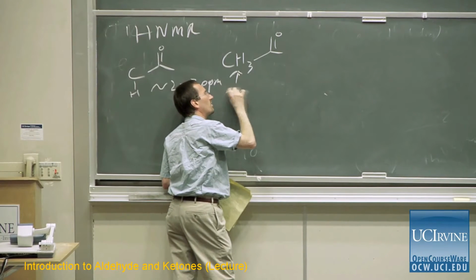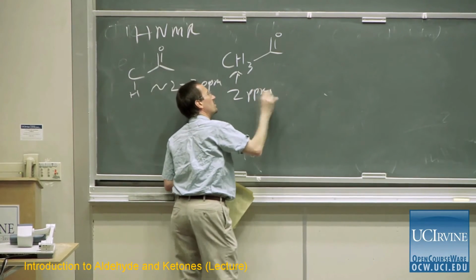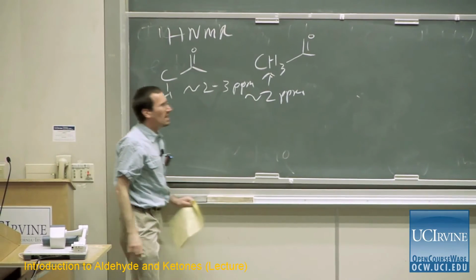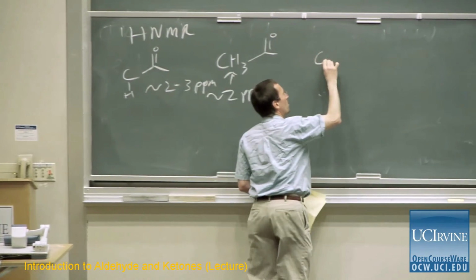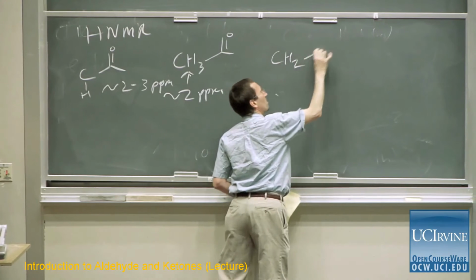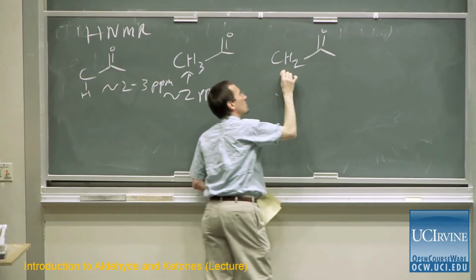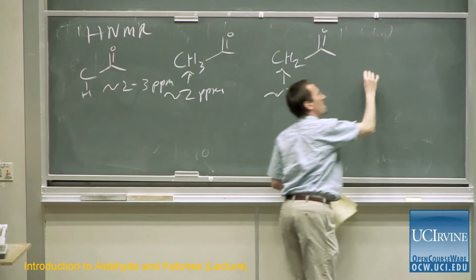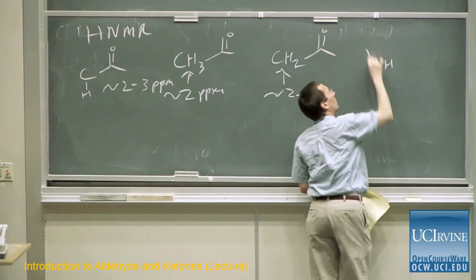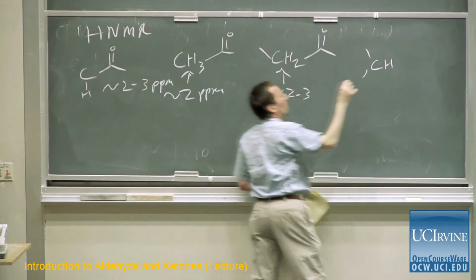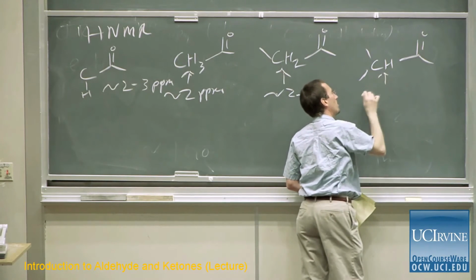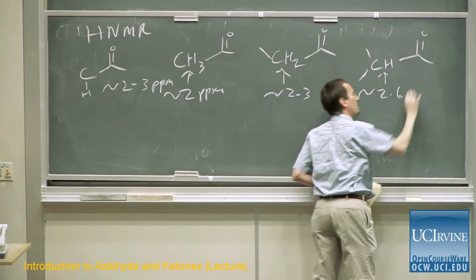And again, all of these are approximate numbers, so I'll put little tildes to indicate general. If it's a methylene group, it'll be a little bit further downfield, maybe 2.3-ish ppm. If it's a methine group, it'll be a little further downfield still, maybe about 2.6 ppm.